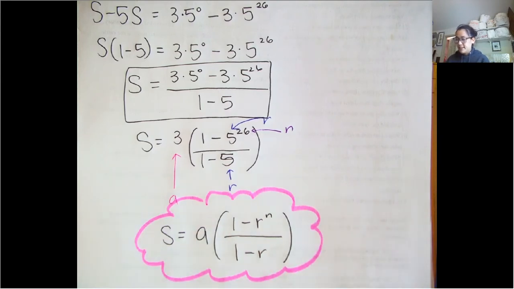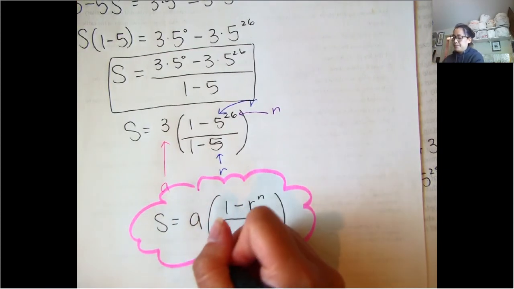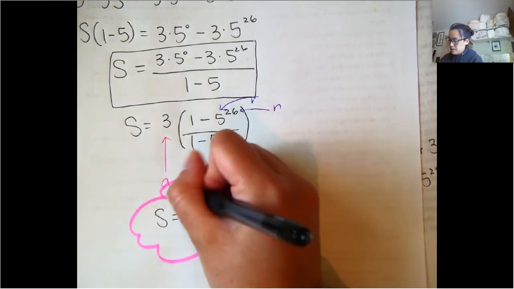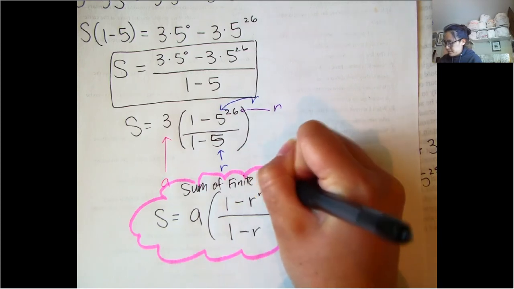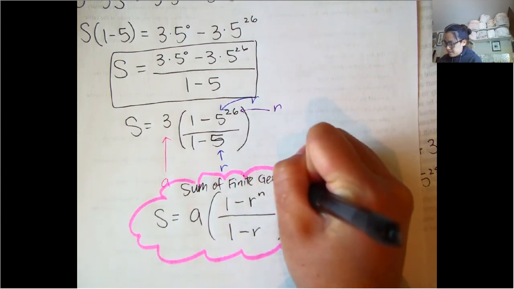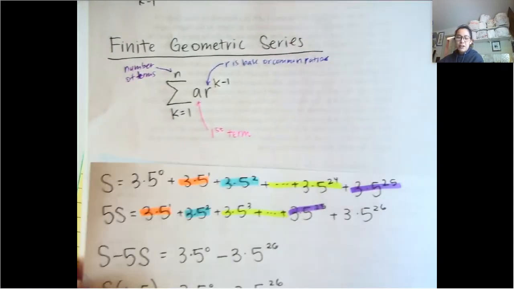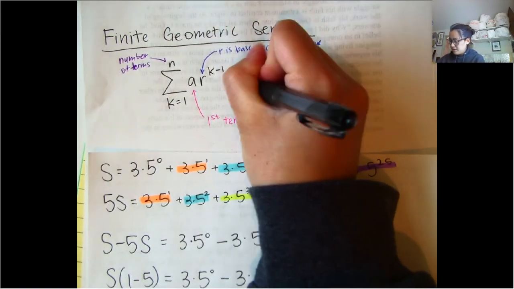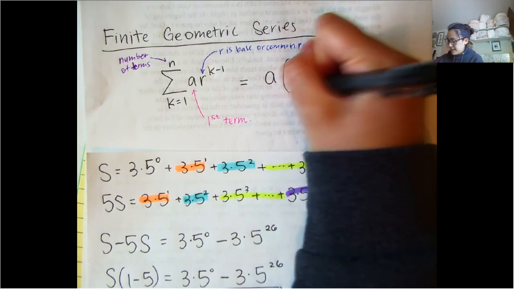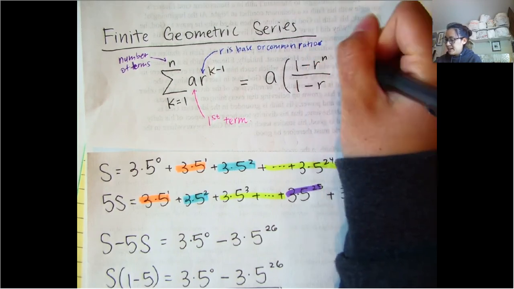So this is the sum of a finite geometric series, and we're going to write this over at the top too. Go back to the top of the notes from this video, and we're going to say this equals A times 1 minus R to the n over 1 minus R.